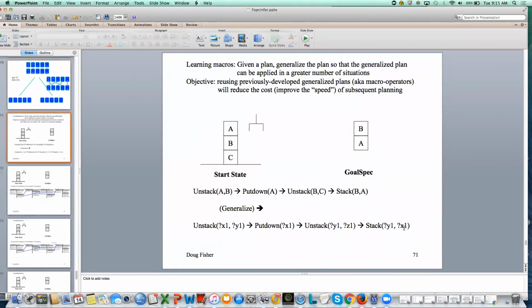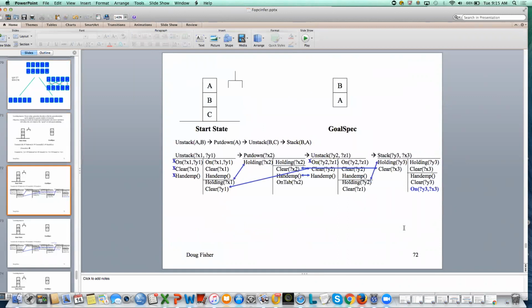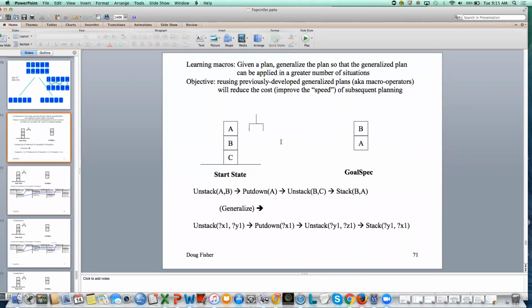I've got some other material on macros in first order logic. I'd like you to go through these slides. We did talk about macros in propositional logic. The idea here is very much the same. We might complete a plan.